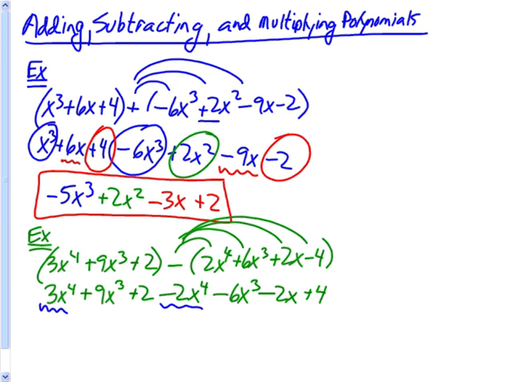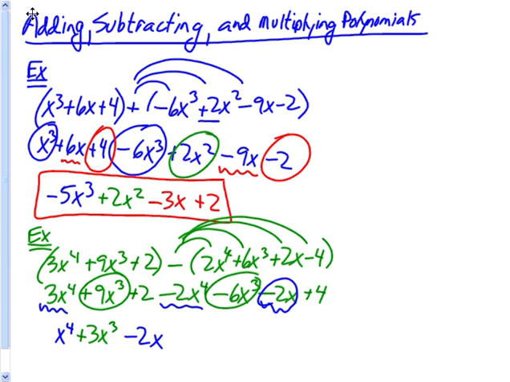Go ahead and combine like terms just like we did last time. 3x to the 4th minus 2x to the 4th. 3 minus 2 is 1x to the 4th. We got a 9x cubed minus 6x cubed, so we got 3x cubed. Let's see, any x squares, doesn't look like it. So the next one is this minus 2x right there, so minus 2x.